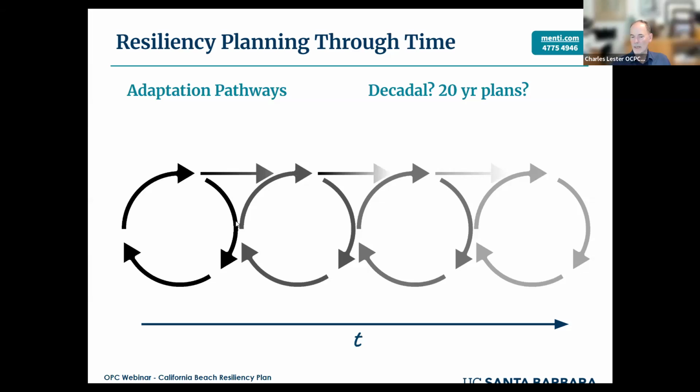Is it a 20-year plan that you might be thinking about in terms of your strategy? But recognizing that you're always going to be evolving this process with respect to your beaches. We are all talking about the prospect for beach resilience in 50 or 75 years. So it is something that we have to keep thinking about over time and not letting go, not thinking we're done once we've done this once.